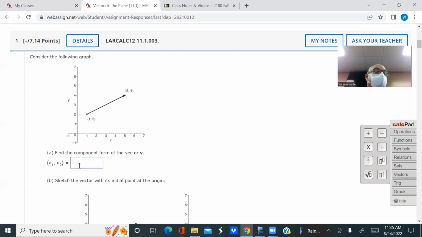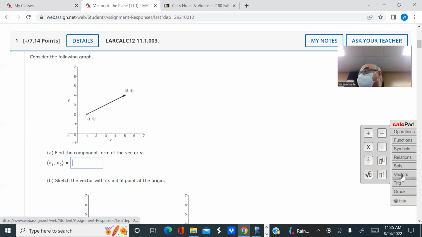Now, to type that in though, since we use some special notation for vector coordinates, we use the pointy brackets there, instead of parentheses or braces, you need to find that so you can type that in. And I think you do that using the math palette.